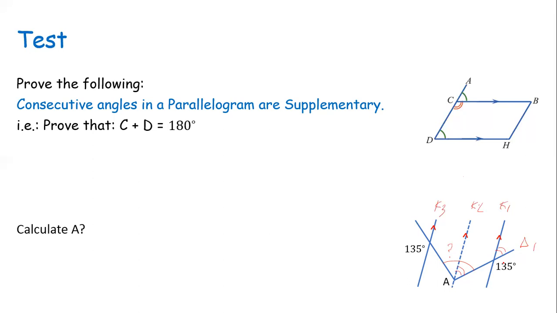Similarly, we can notice that delta 1 and K1 cross each other. It means that 135 here is equal to this angle since they are vertical angles. Okay.